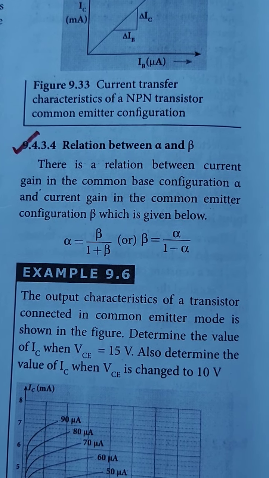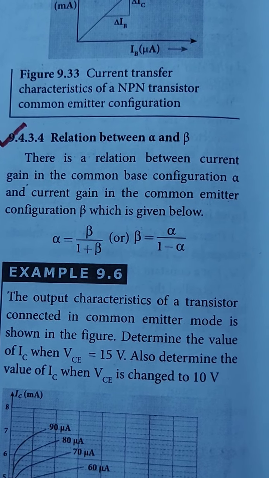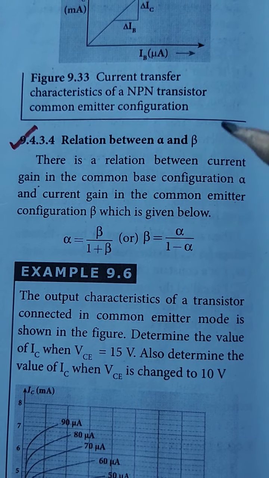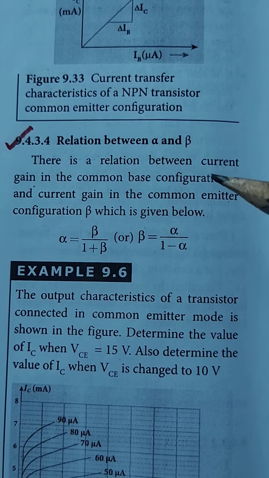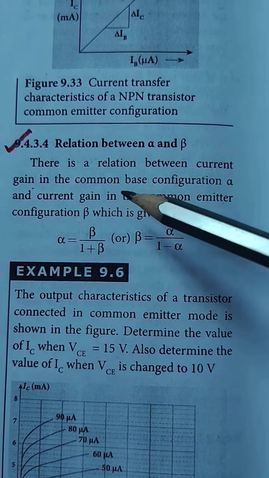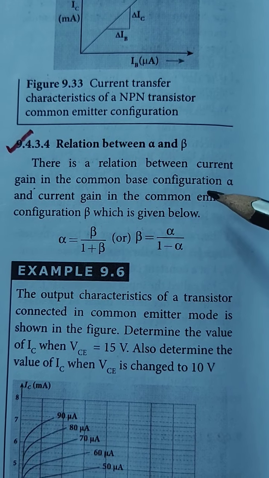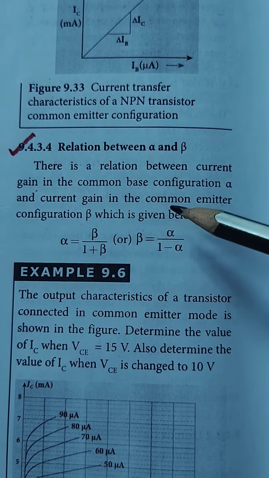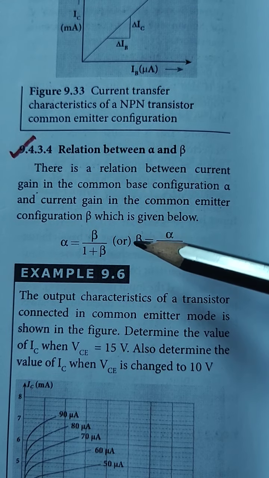One more important topic is the relation between alpha and beta. Alpha is the current gain in the common base configuration, and beta is the current gain in the common emitter configuration.